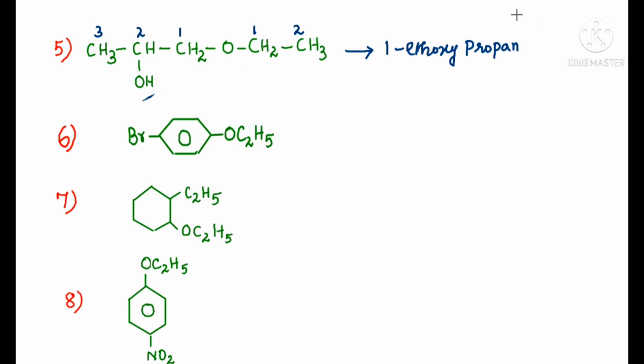Propane. We should not write E here because, while you are writing the IUPAC name of these hydroxy compounds or alcohols, as I have informed in my previous sessions, if it is a monohydric alcohol, you should avoid writing E in the alkane.